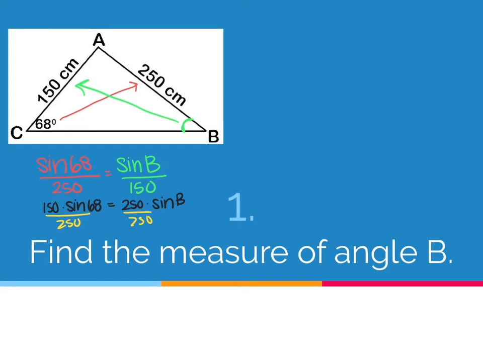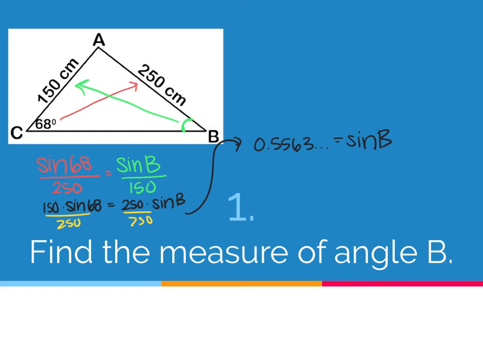I don't want to round early, and I'm going to divide that answer by 250 to get the most precise answer. So here I get 0.55633, and so on equals the sine of angle B.